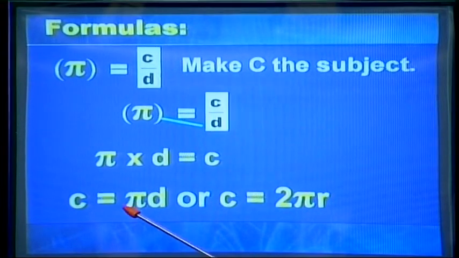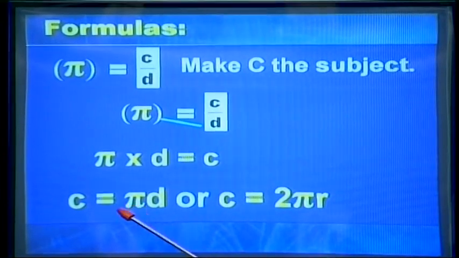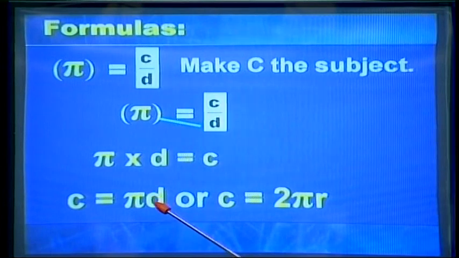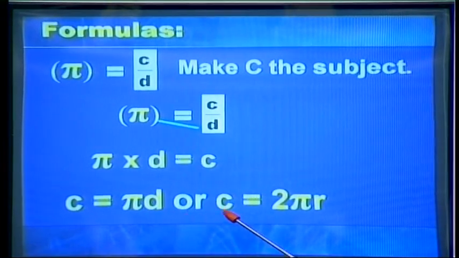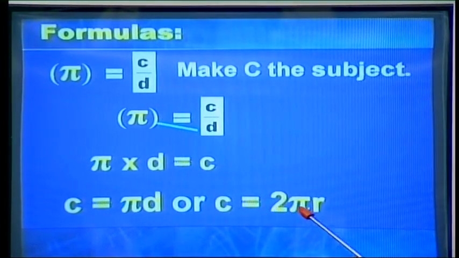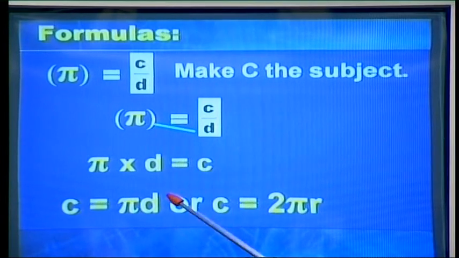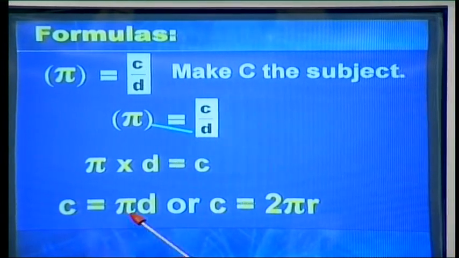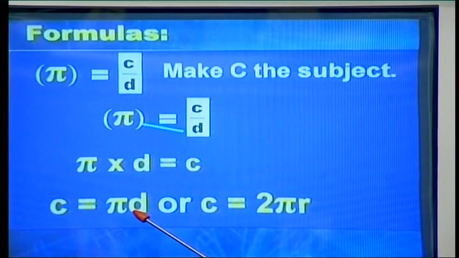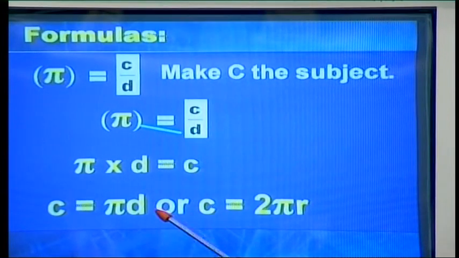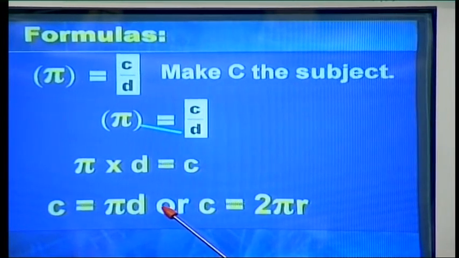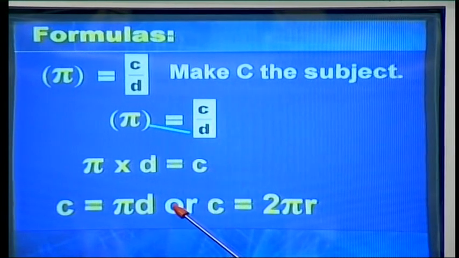So you should have the formula written as C equals pi D, or C equals 2 pi r. In this case, you will see C equals pi D if the diameter is given from the circle. Are we following?